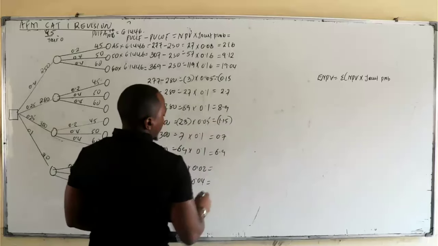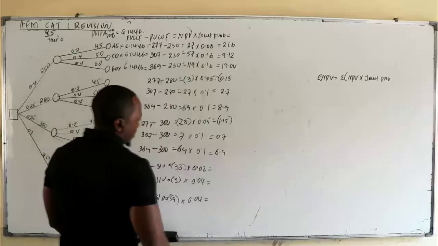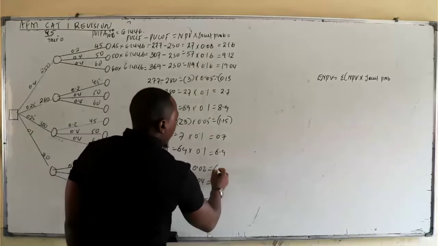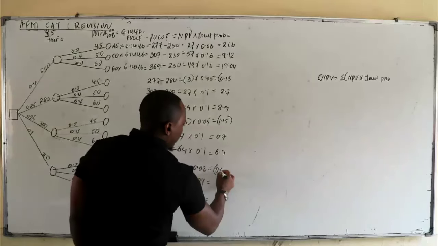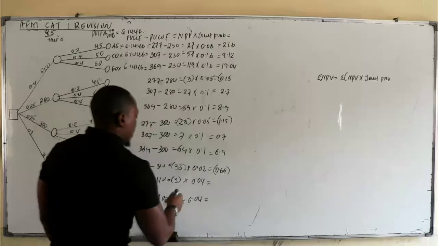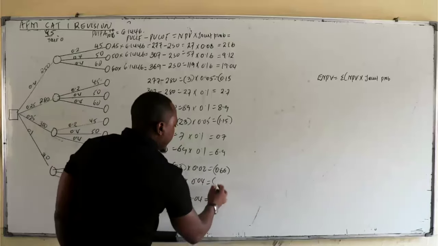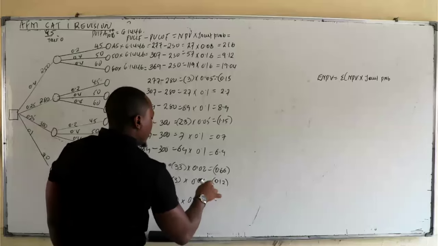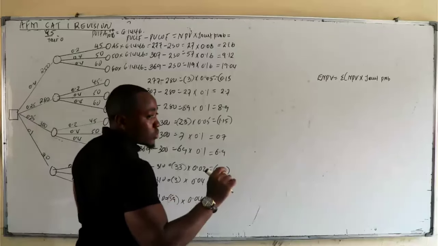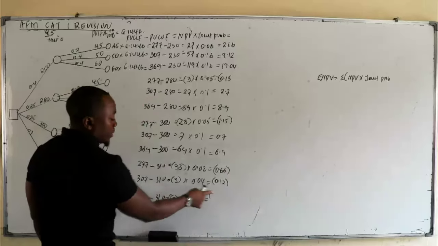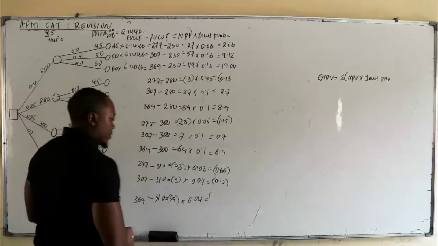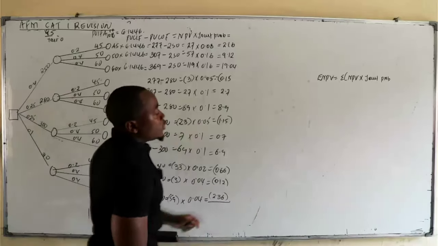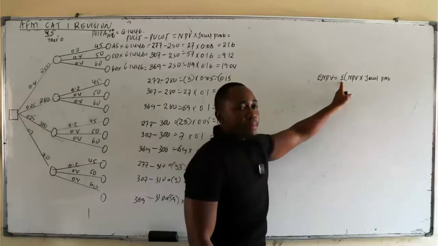You get 6 point. What about this? Get negative 0 point. Sorry? 6. Here we get negative 0.12. No, is it 0.12 or 0.12? 0.12. The last one, 2.36. Now, to get the expected NPV is the summation of.